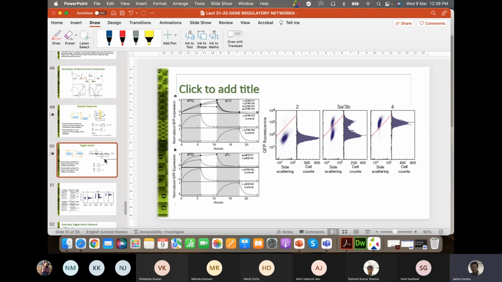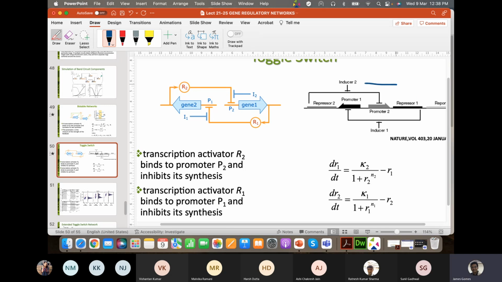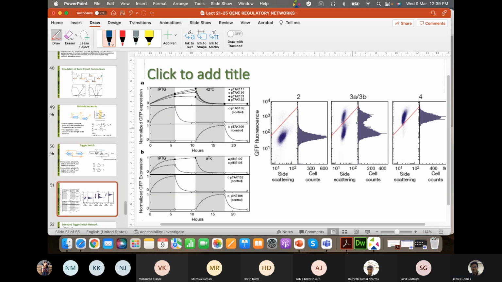Let me go back here. The first one. This is the circuit diagram showing you this one, which is the same as this representation that is taken out from there, and you can see here this part and this part, right?